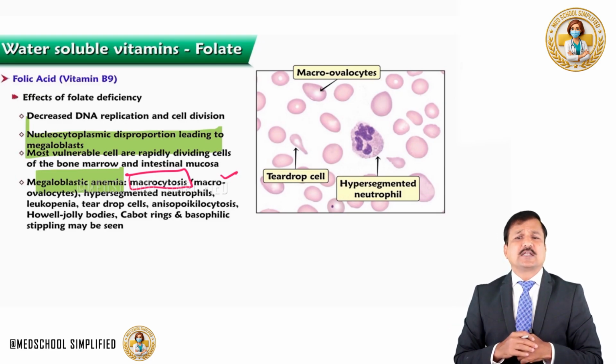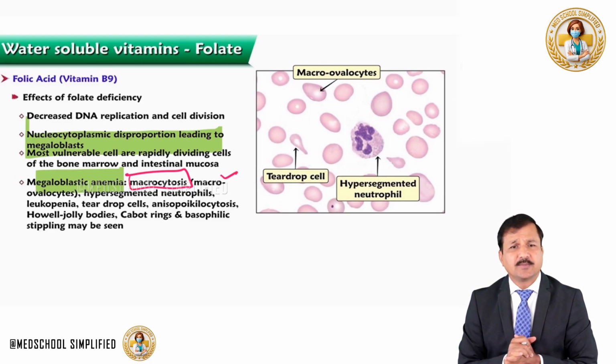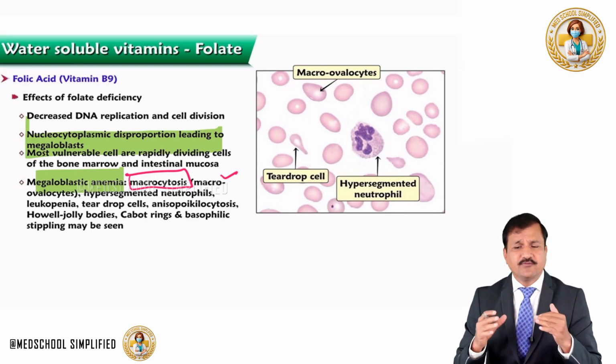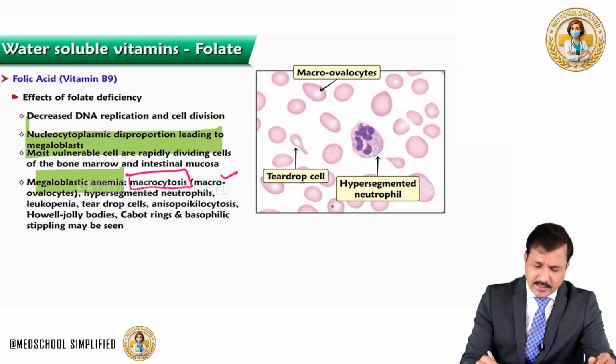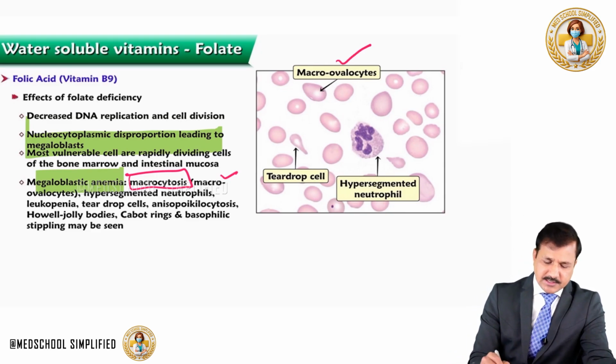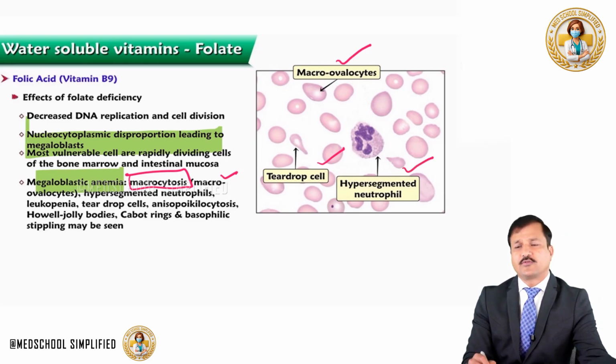Now, formation of other blood cells like platelets and granulocytes is also compromised, other than the red blood cells. When you look at the peripheral blood smear, it will show macro-ovalocytosis, and patients will show teardrop cells and hypersegmented neutrophils.